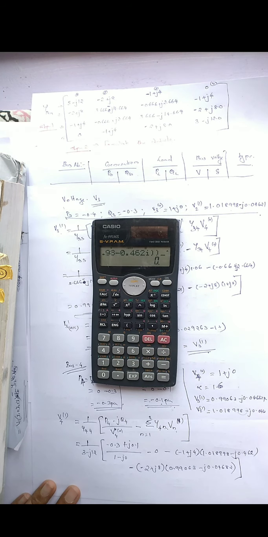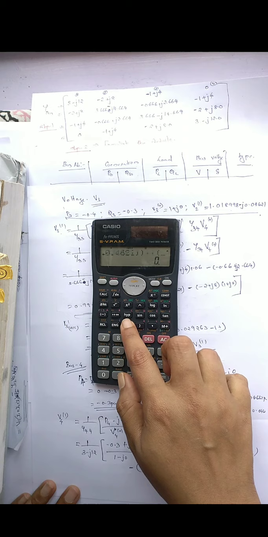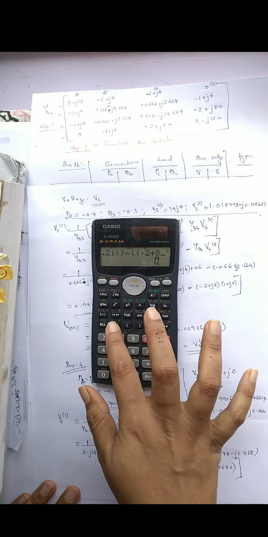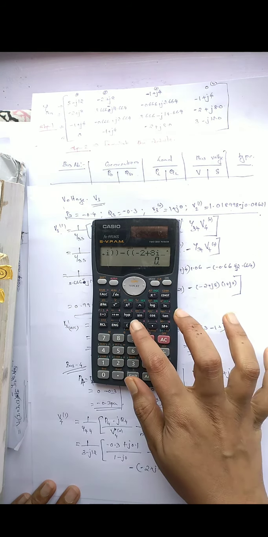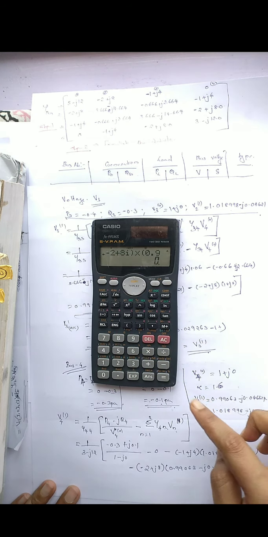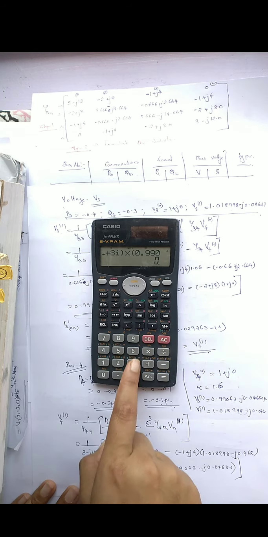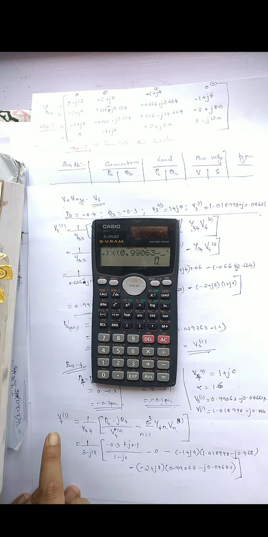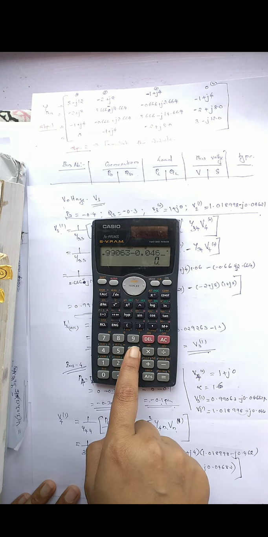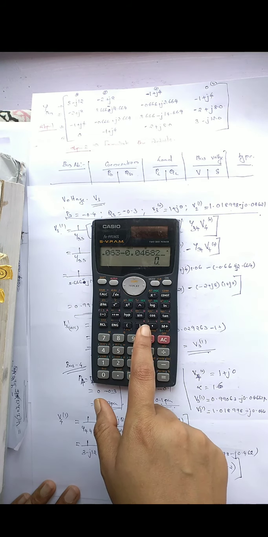So I am closing my double bracket, minus again double bracket, minus 2 plus j8, 8i, closing the bracket, into 0.99063 minus 0.04682.